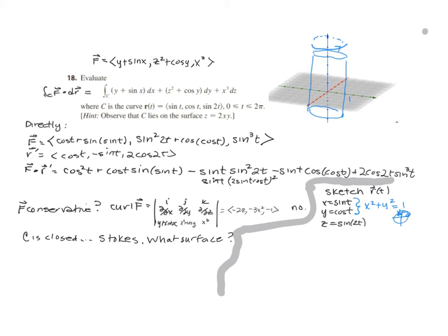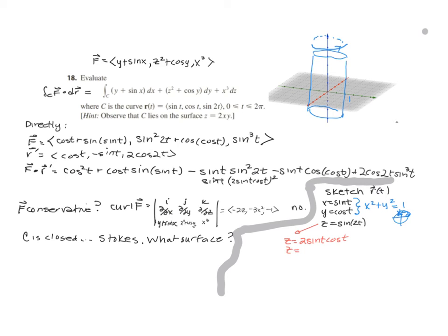And then if we still don't have a really good idea, then what we might have done is to take another pair and eliminate the parameter and get another surface, another surface on which the curve lies. And so this is where their hint comes in. Suppose I took this and I said z equals sine of 2t, which is 2 times the sine of t times the cosine of t.